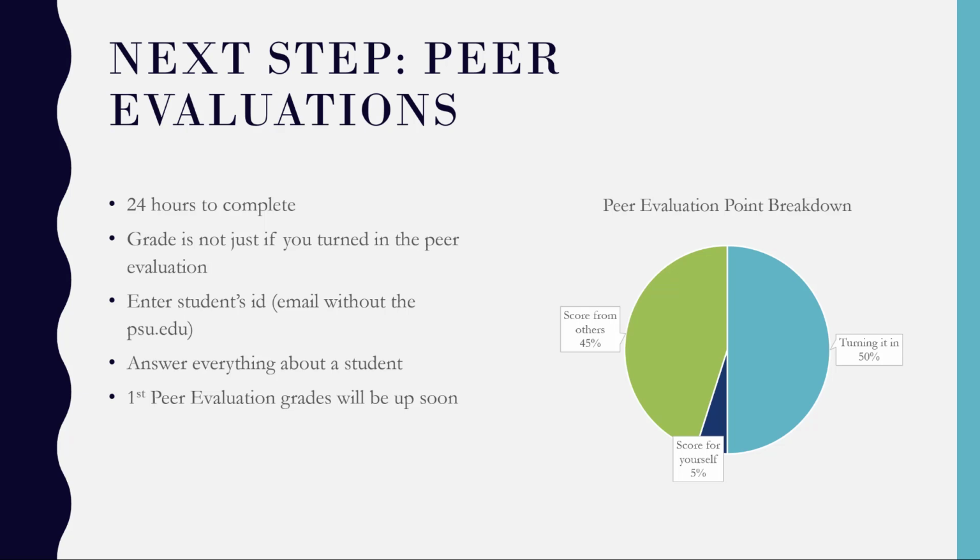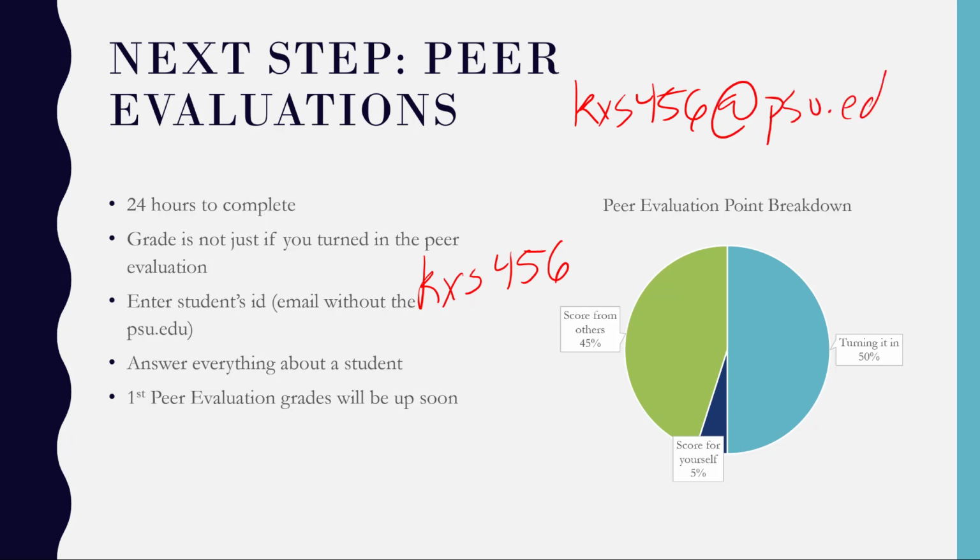Anyways, what I want to make sure people do is enter the student's ID. That is the email without the psu.edu. For example, if somebody was saying that I was in their group, they would say my Penn State ID is KXS456, because my Penn State email is KXS456@psu.edu.